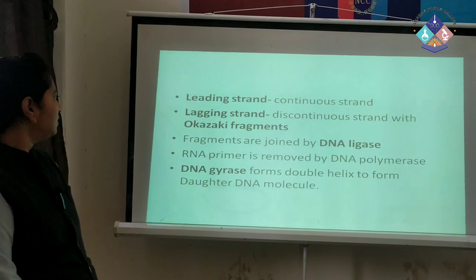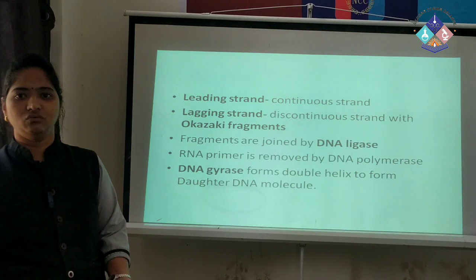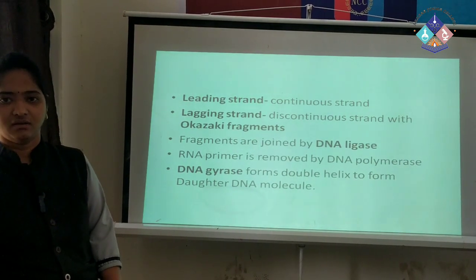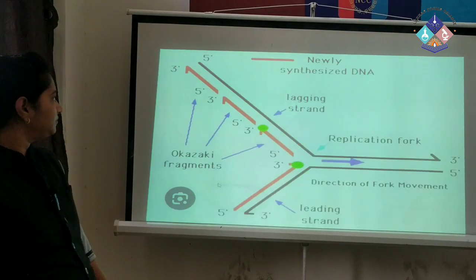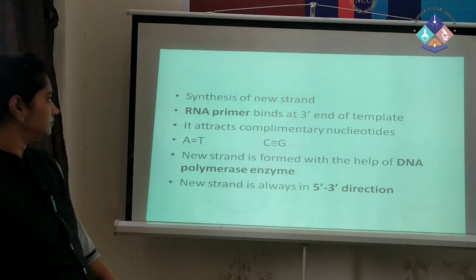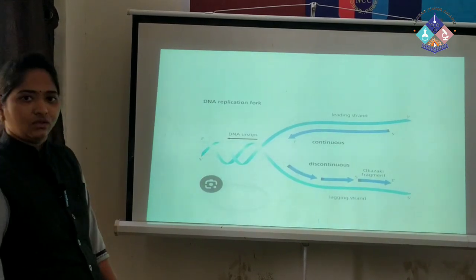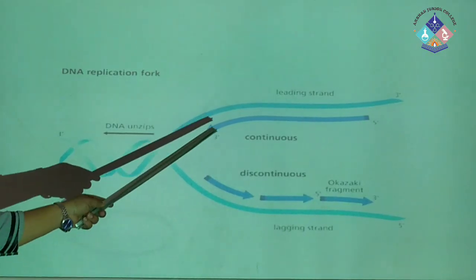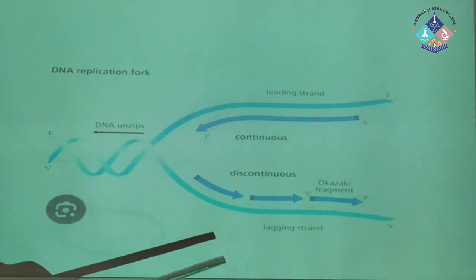You can see here. Now after the separation of the two strands and the formation of new strands, here you can see the new strands. The leading strand is continuous and the lagging strand is discontinuous.